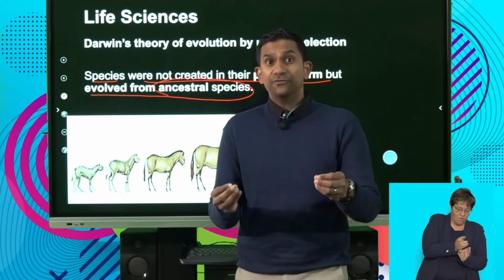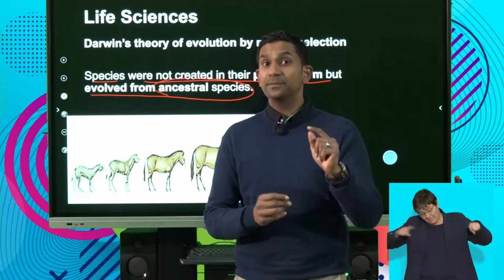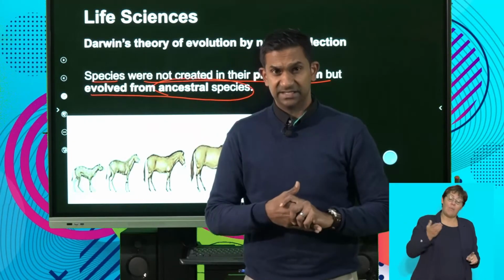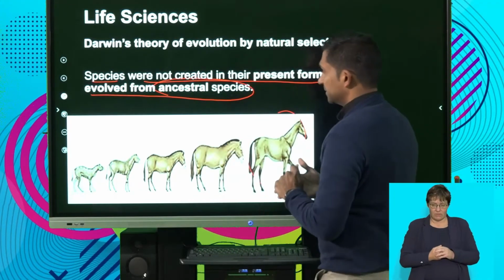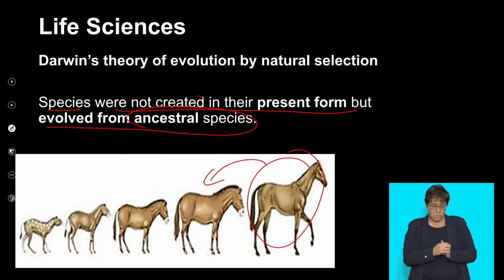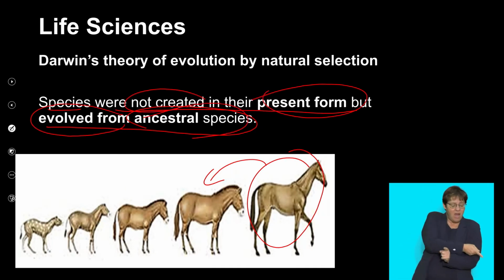Essentially, all life forms have in some way or other descended from something that previously existed. Let's unpack that. I'll repeat the statement again. Species were not created in their present forms, but have evolved from ancestral species.